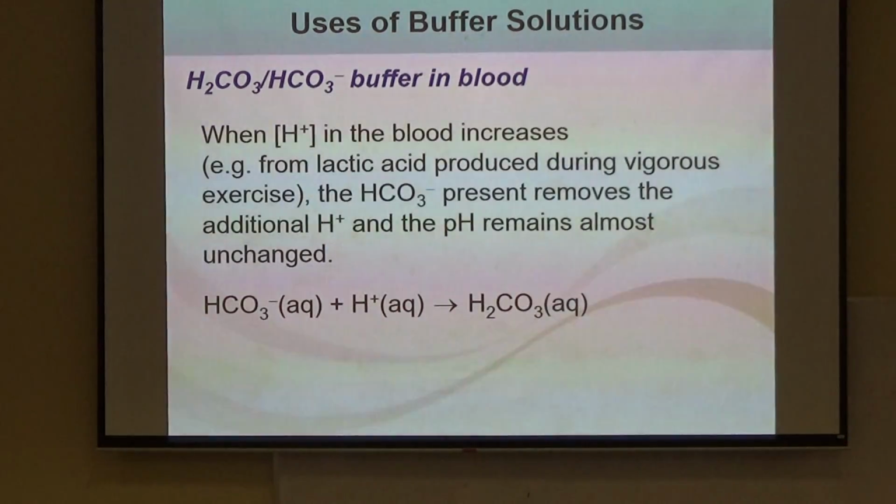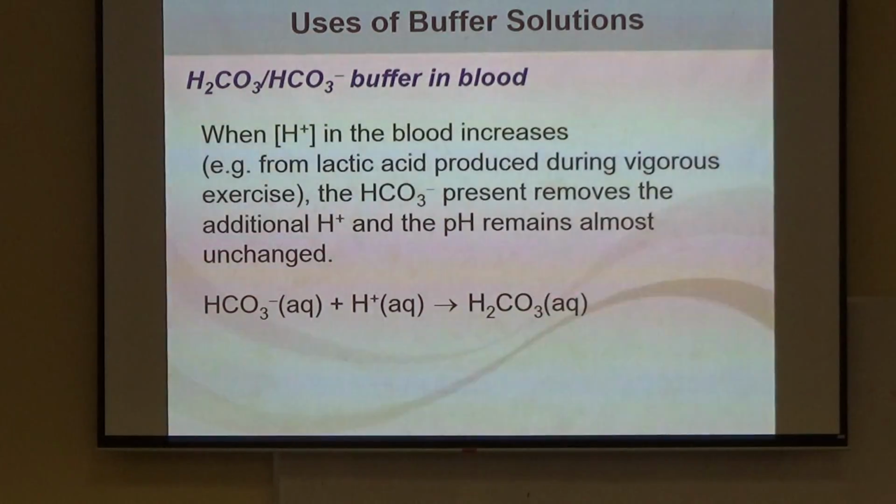The first two diagrams were there for you to understand what you really need to understand in this part. When the H plus in the blood increases, there are many different reactions in the body that can produce H plus. For example, when you exercise vigorously, you will produce lactic acid.